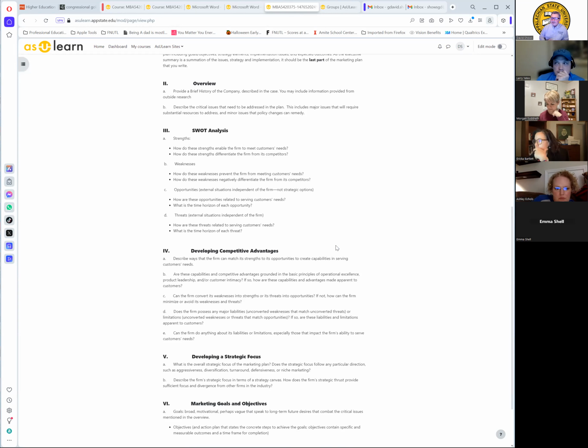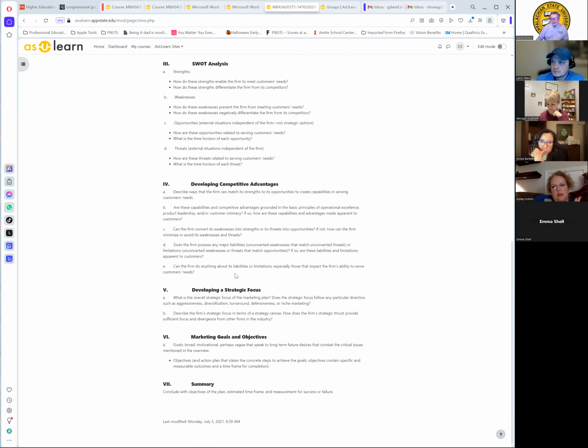Remember that the opportunities and the threats are the external. They are the macroeconomic factors. And so anything you can't change is either an opportunity or a threat. After you do the competitive advantages, you start to develop the strategic focus. What is the overall focus of the marketing plan for the next few years? All right.